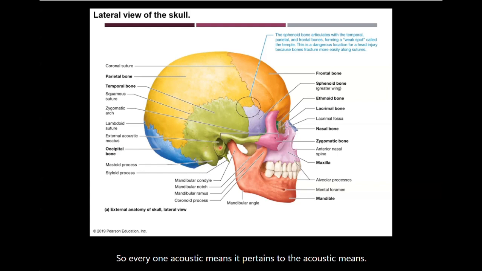Acoustic pertains to hearing, right? External acoustic meatus here. And then for the other terms we're going to learn, a lot of them have the term process in the name, like mastoid process, styloid process, and the last one, coronoid process.